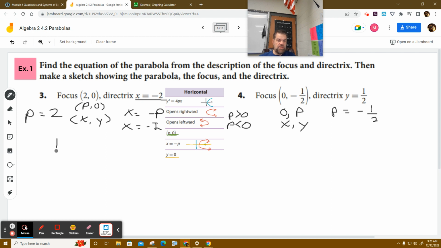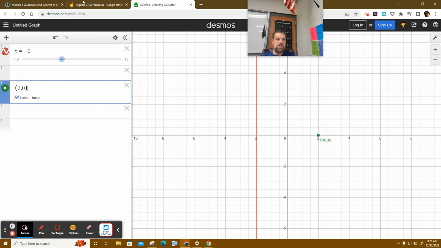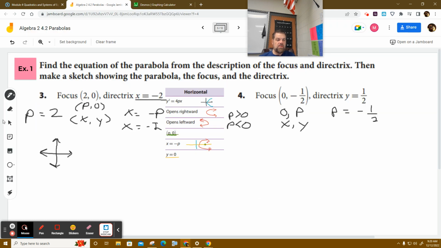So if I were to sketch this out real quick, my directrix is going to go through -2. I don't know what color I'll use. We'll use red. So my directrix is going to be x equals -2, which is a vertical line at -2.